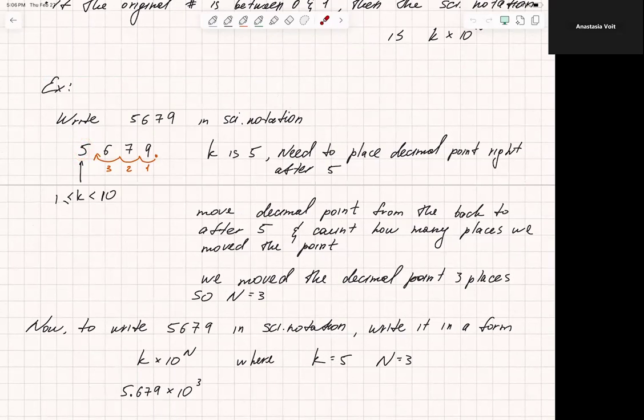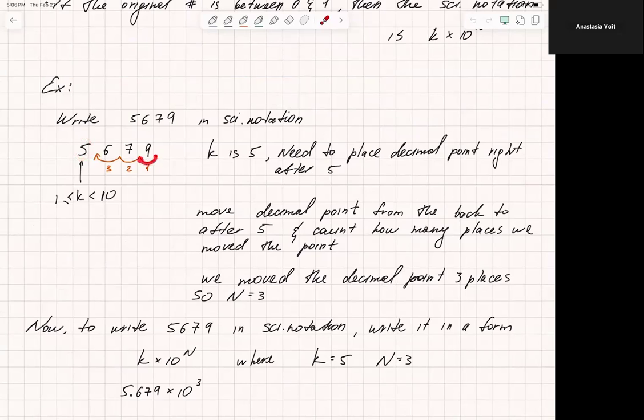So we need to place a decimal point right after this 5 right here. Now, we move the decimal point from the very back, right? Since this is a whole number, the decimal point is right here. We need to move this decimal point to this place right after 5.